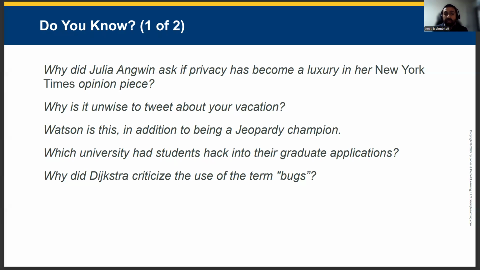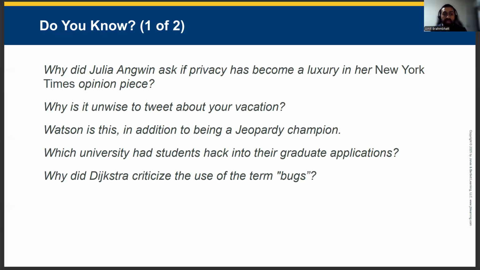The next slide asks what Watson is. Beyond being a Jeopardy champion, Watson is also a sophisticated AI system developed by IBM, capable of natural language processing and data analysis. Another question references a university where students hacked into graduate admission systems, highlighting ethical and security challenges in academia.